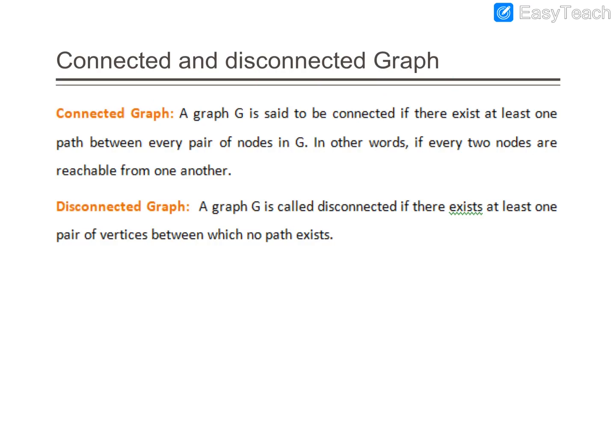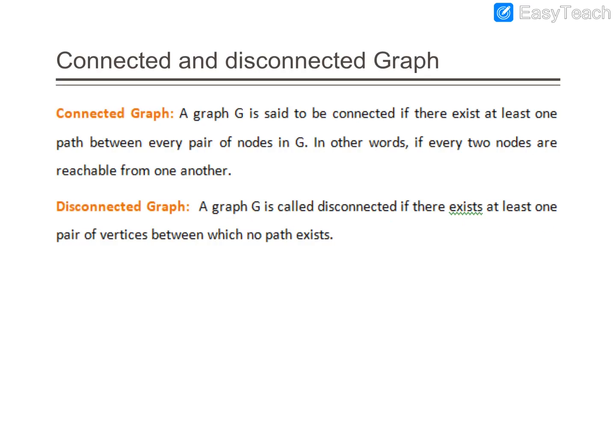Now we discuss connected and disconnected graphs. What is a connected graph? A graph G is said to be connected if there exists at least one path between each and every pair of nodes in graph G. In other words, every two nodes are reachable from one another.